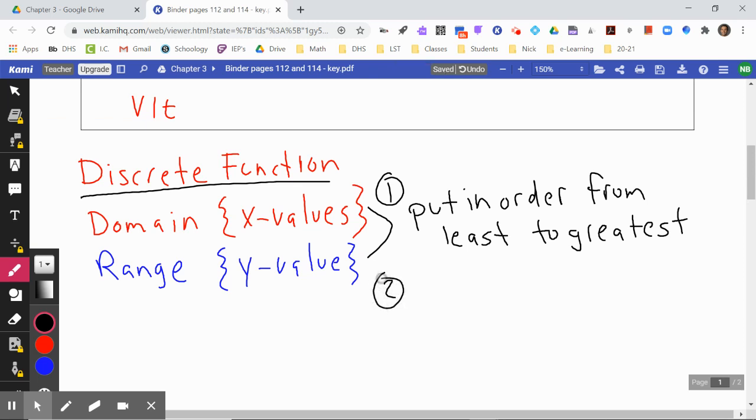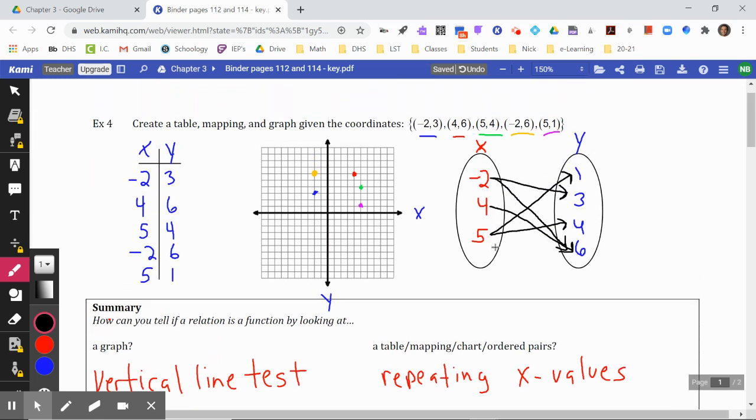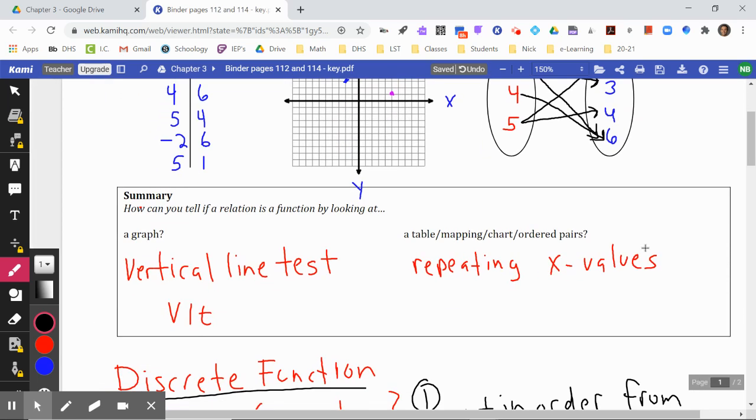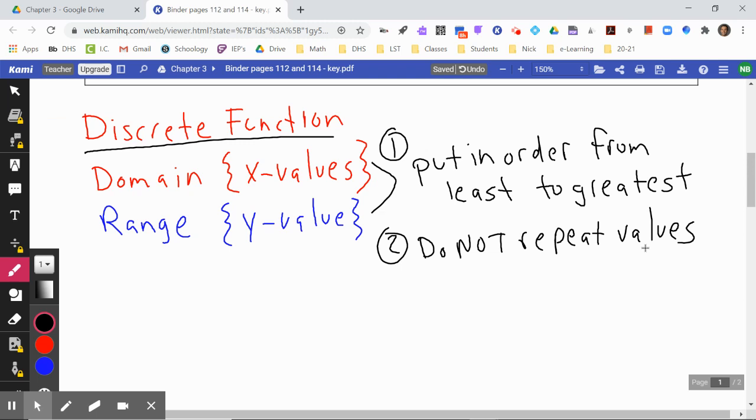So that's the first rule. And the second rule is we also do not want to repeat values. That's like what we did on number 4 above. We didn't repeat our values in our domain, and we did not repeat values in our range for our mapping diagram. And we put them in order from least to greatest. So hopefully that helps with this discrete function.